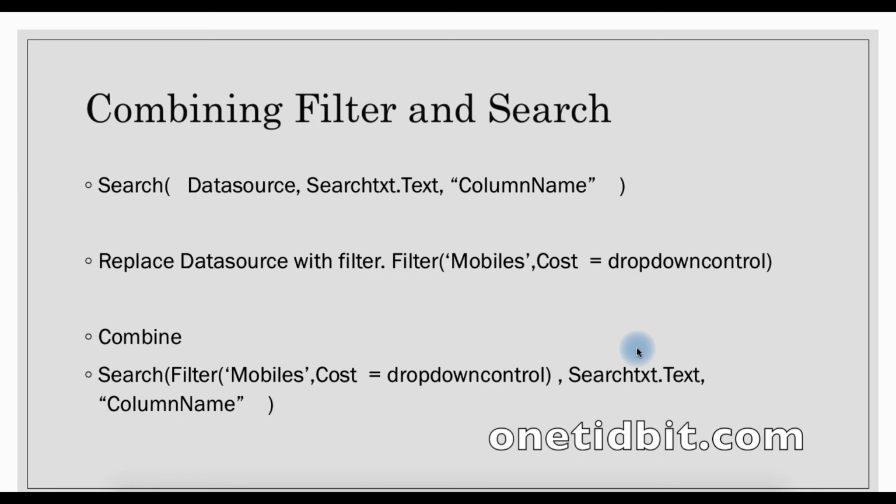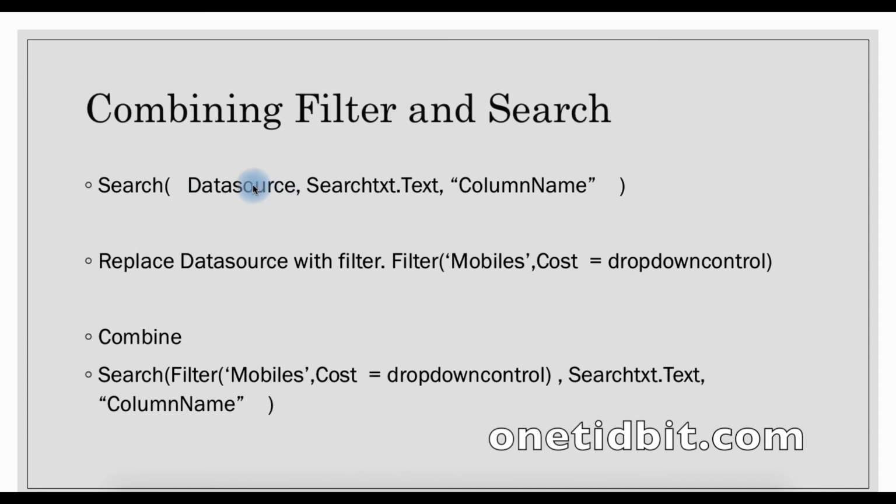Okay, so first we need to write our search function, and in the search we will give the data source and the search text box, data search dot text, with the column name, right? We already know that. So here the trick is, instead of this data source, we need to give the filter now.